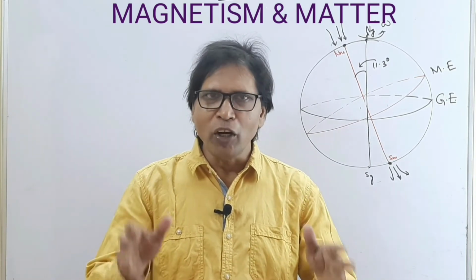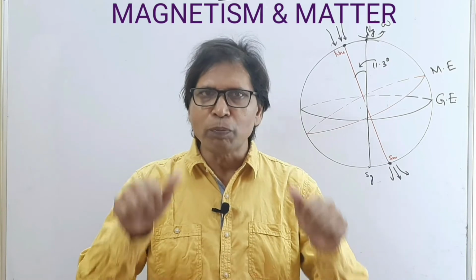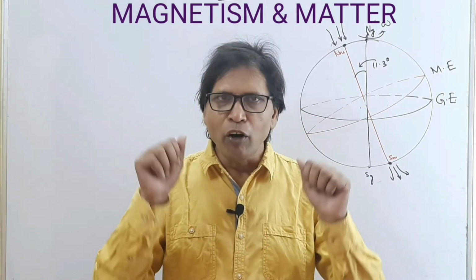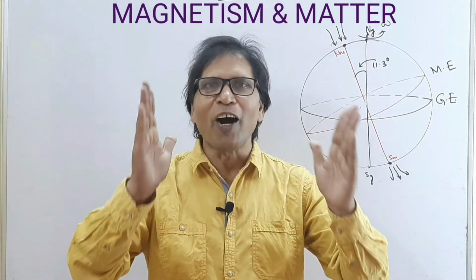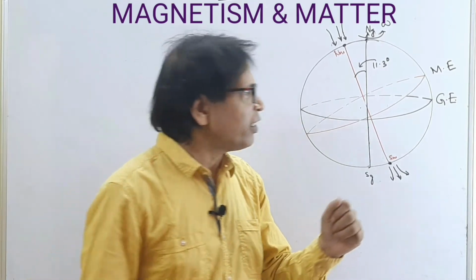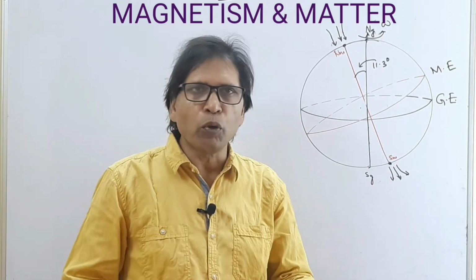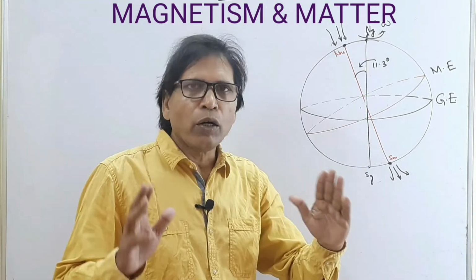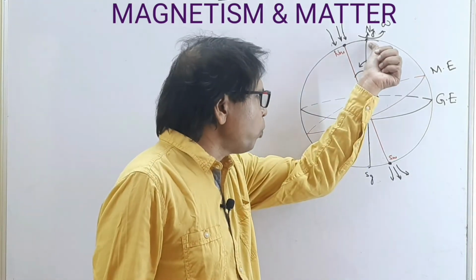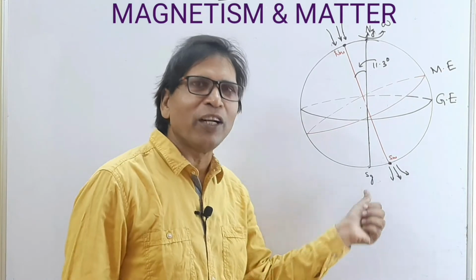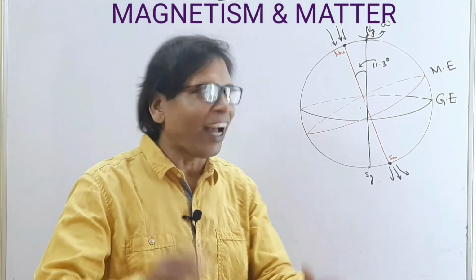Actually, the nature of the north pole of a bar magnet and the north pole of the Earth's magnetism is completely opposite. Now look at this, the magnetic north pole and south pole do not coincide with the geographic north pole and geographic south pole. It is slightly inclined.